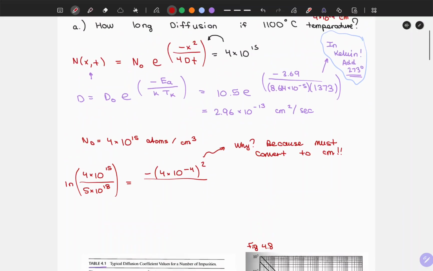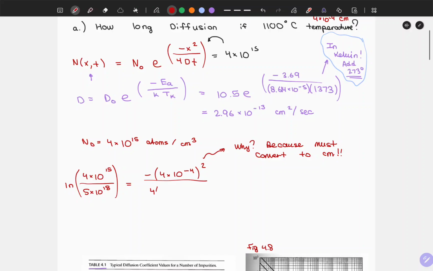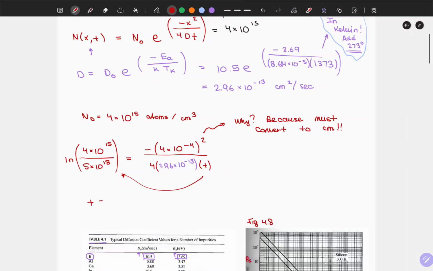We divide that by 4 times D, which we have solved for to be 2.96 times 10 to the negative 13th times t. We have all the values, right? So we could solve for t.